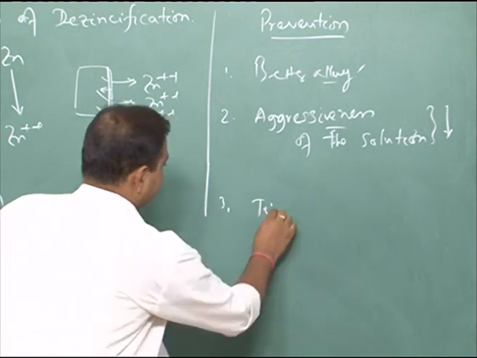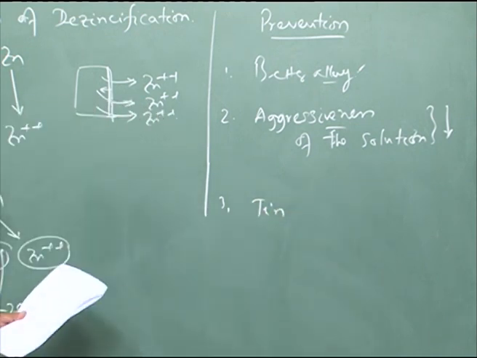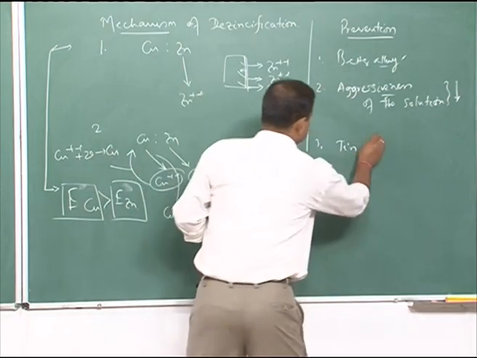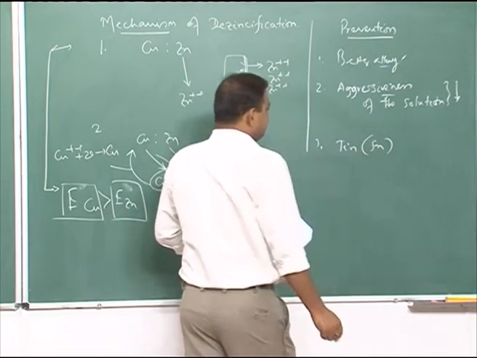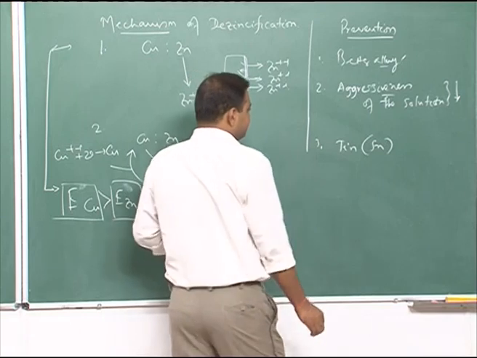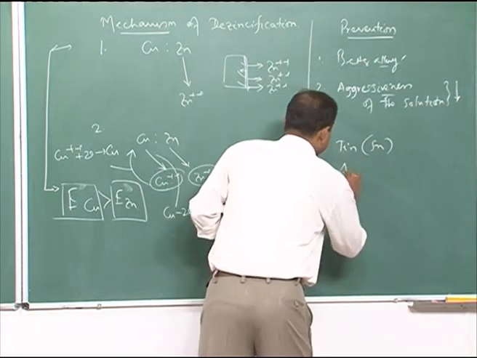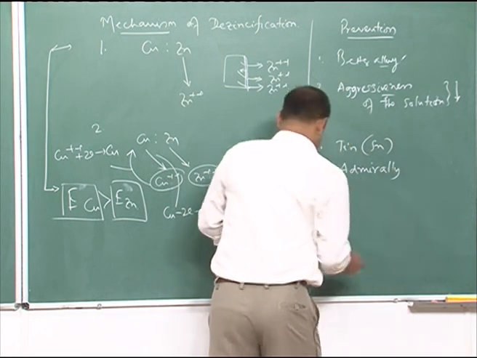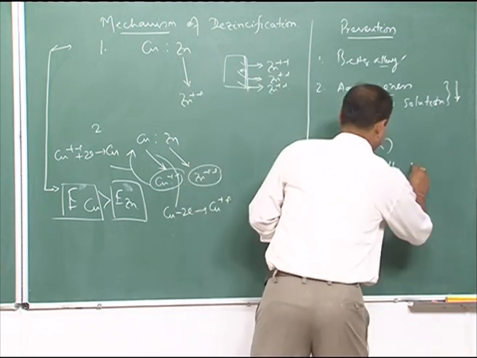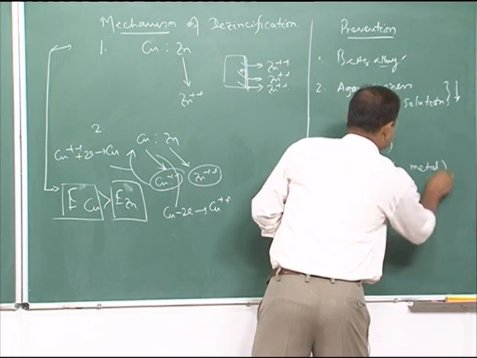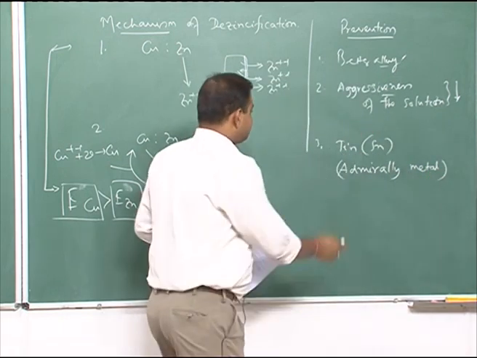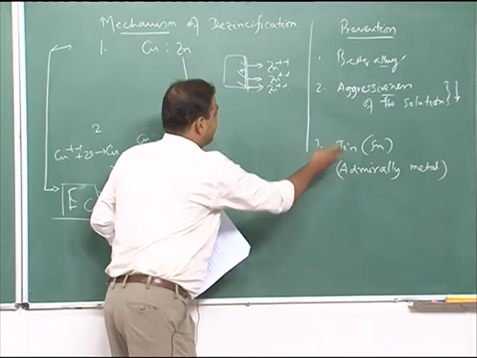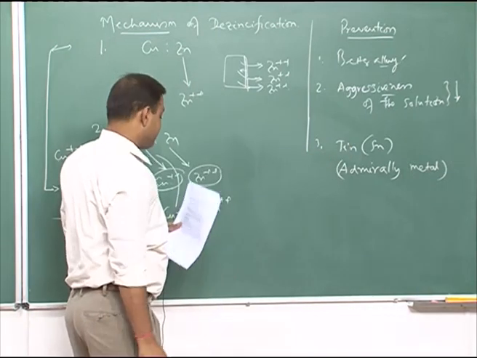In case of 70-30 brass, if we add tin, let us say 1%, then the brass is called Admiralty brass, or Admiralty metal, and this tin somehow protects the material from dezincification.